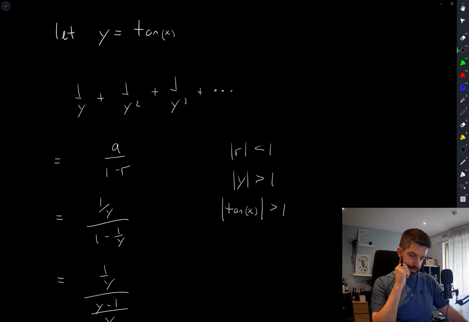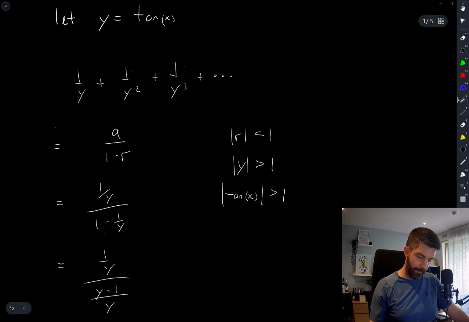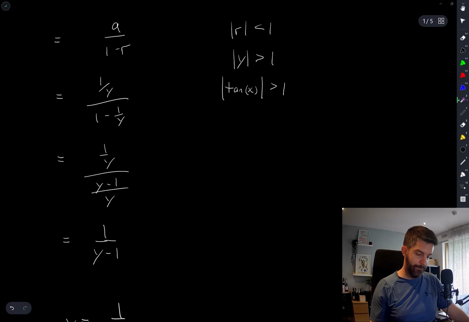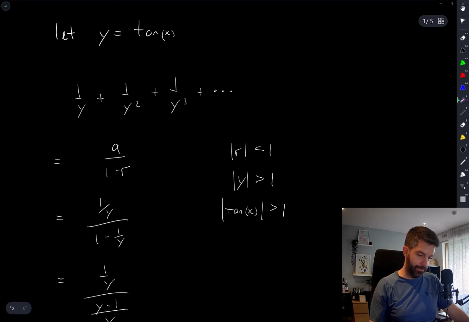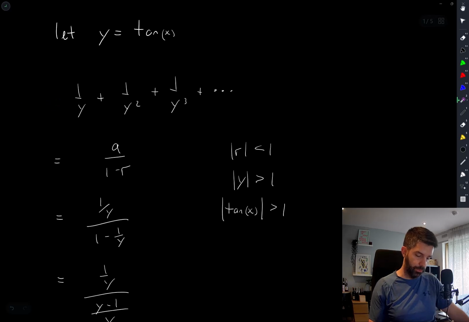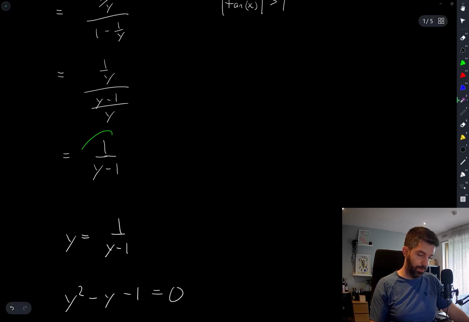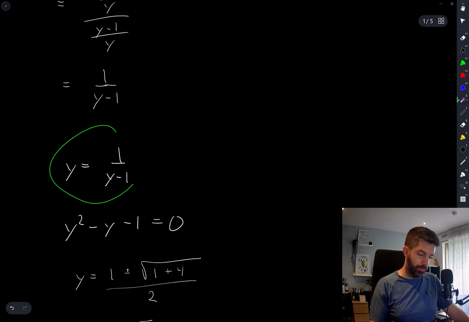Let me just check some of the logic in my head here. This only converges when y is greater than 1 in absolute value, and it's equal to this, so we need these things to be equal.